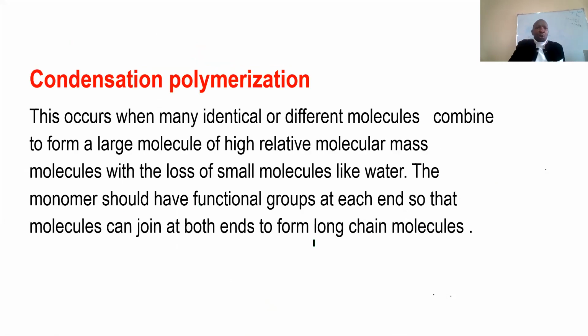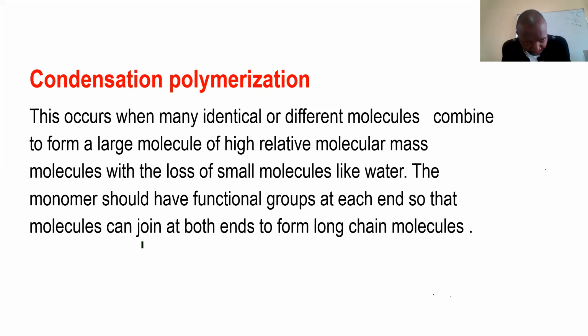Then now we go to condensation polymers. A condensation polymer is formed when many identical or different molecules combine to form a large molecule of high molecular mass, with the loss of small molecules like water, even ammonia.